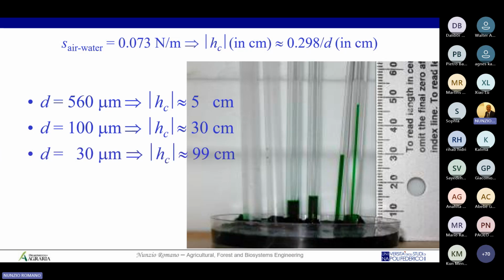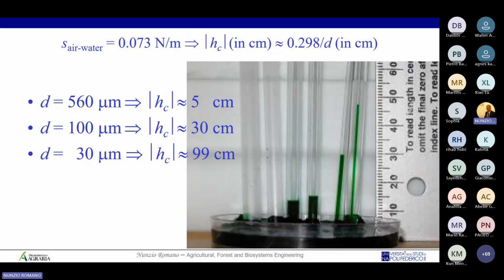And if you have a capillary tube of only 30 micron, you have a capillary rise of about 1 meter. Just to give you the idea of how small the pores in the soil are, we can also have capillary rise of even more than 1 meter.